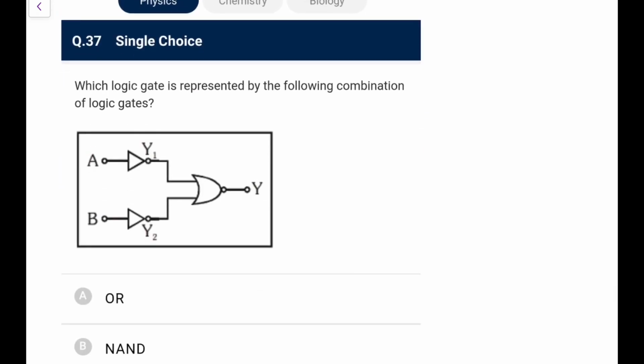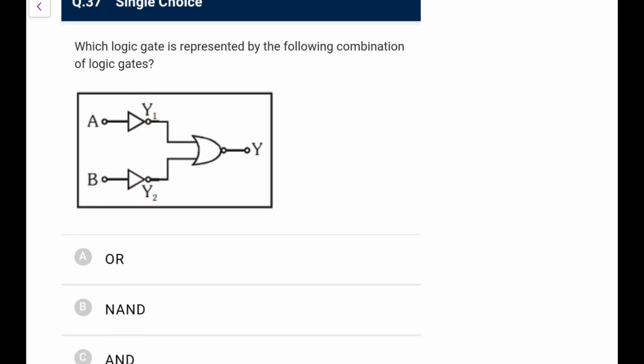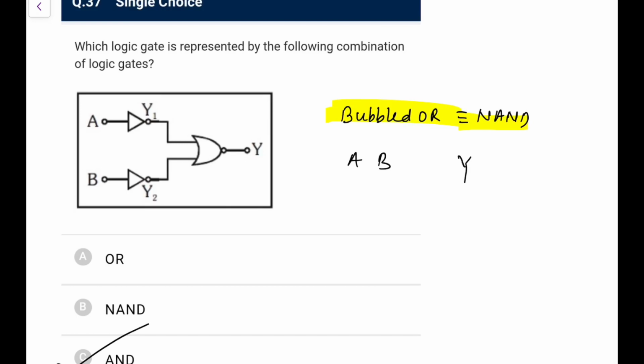Which logic gate is represented by the following combination of logic gates? So if I see till this, it is called a bubble gate, and bubble gate is NAND, but again this bubble is coming, so this will be AND gate. So go for option C if you know the De Morgan theorem, and if you don't know the De Morgan theorem, then I always tell you, go by your best friend, that is the truth table, A, B and Y. Let it be 0 0, 0 0 means 1 and 1, OR will give 1, so NOR will give 0.